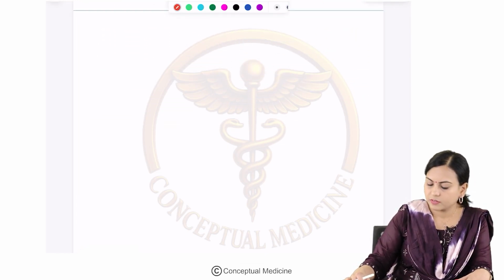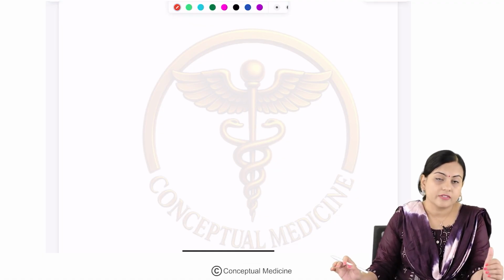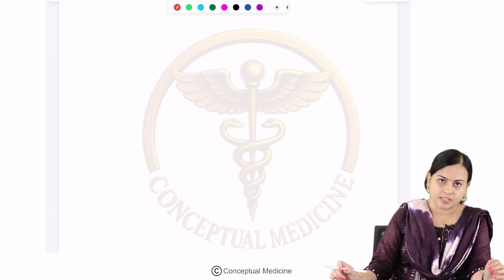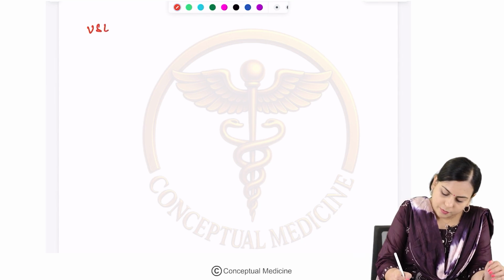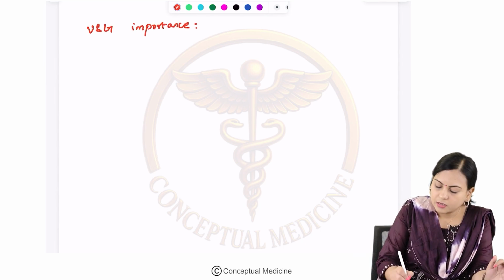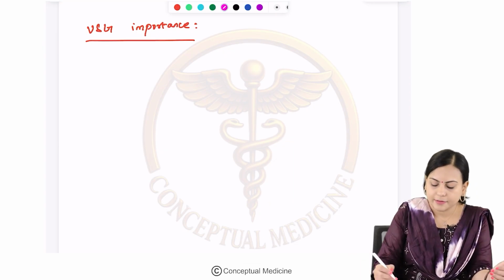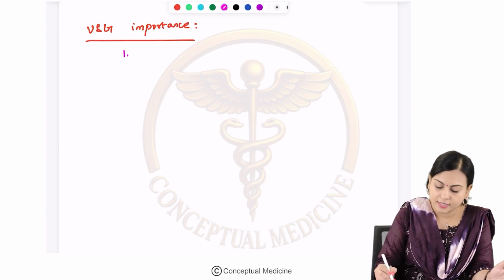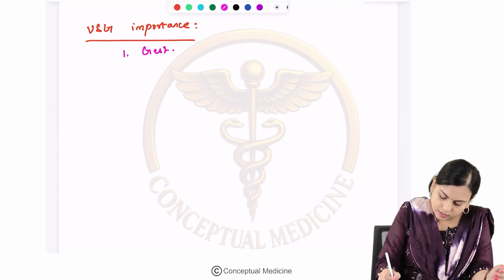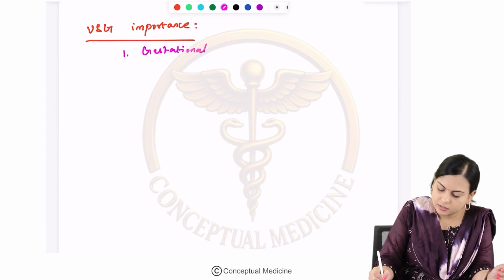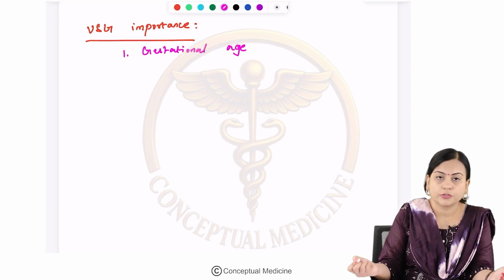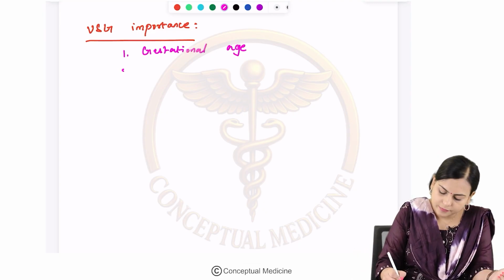Now, let's speak about the importance of ultrasound in twin pregnancy. In twin pregnancy, we have to know the gestational age. Then we have to know about the chorionicity and amnionicity.